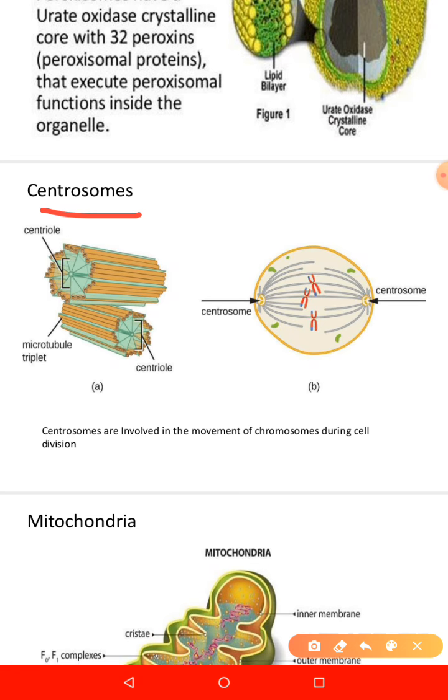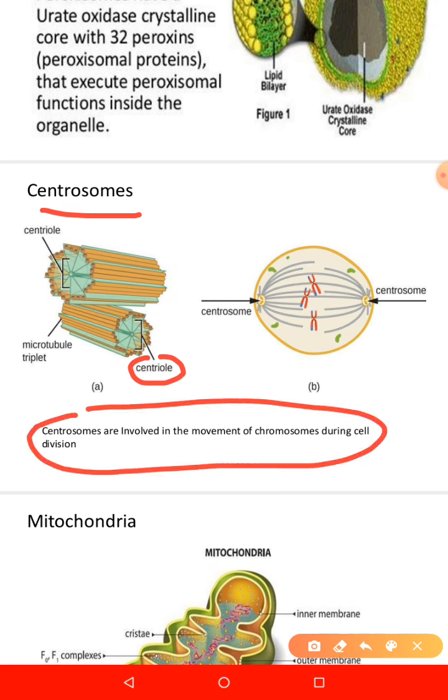In terms of structure, it consists of 2 cylindrical structures called the centrioles, which are made up of proteins. Okay, the centrioles. They are cylindrical in structure and they are made up of proteins. And these centrioles are involved in the movement of chromosomes during cell divisions, such as mitosis and meiosis. So they help to move structures.